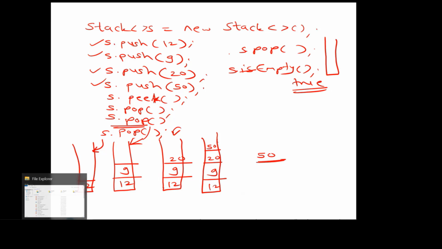So if you say some Boolean variable is equal to s dot empty, that will give me the value true. If in between you run the s dot empty method, that will give you a false value when the stack still has elements in it.